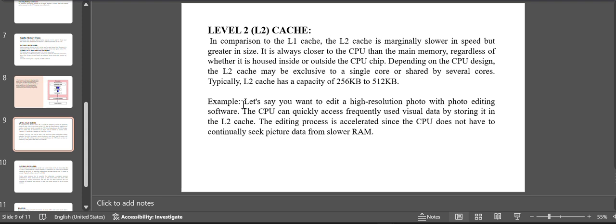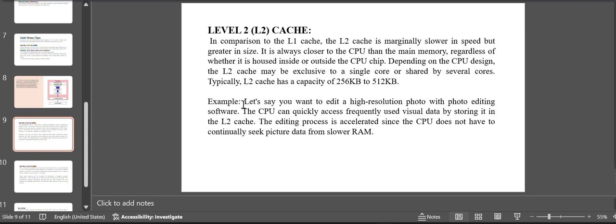Depending on the CPU design, the L2 cache may be exclusive to a single core or shared by several cores. Typically, L2 cache has a capacity of 256 KB to 512 KB.